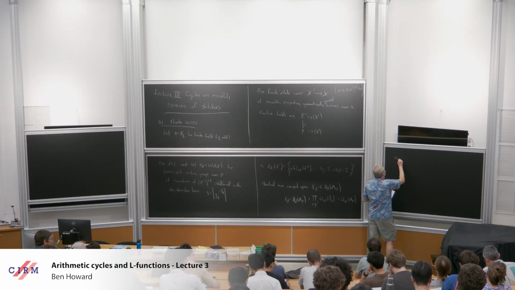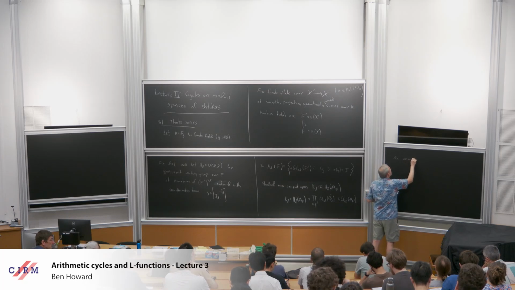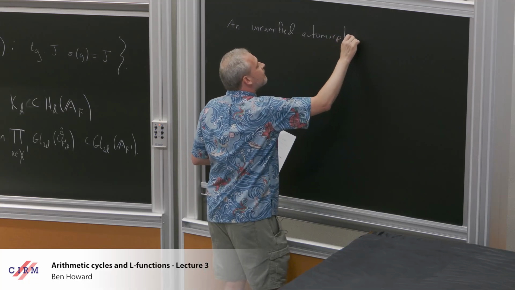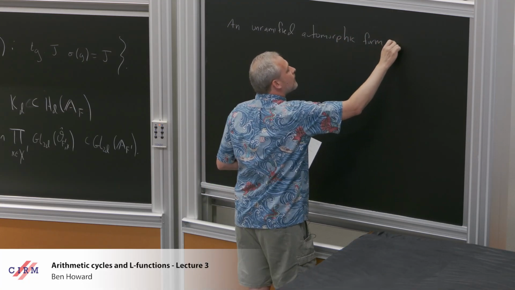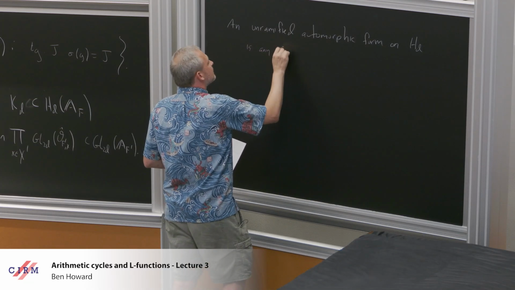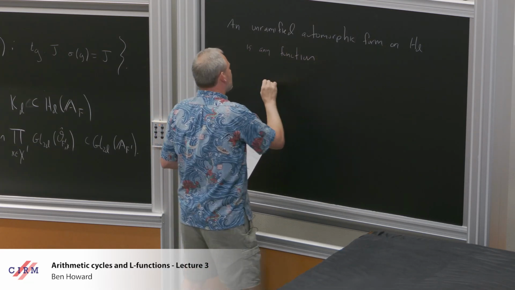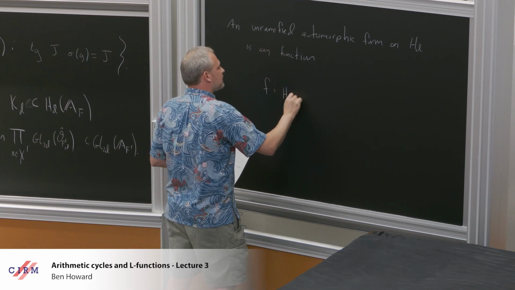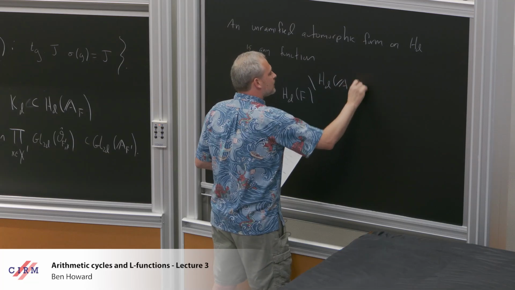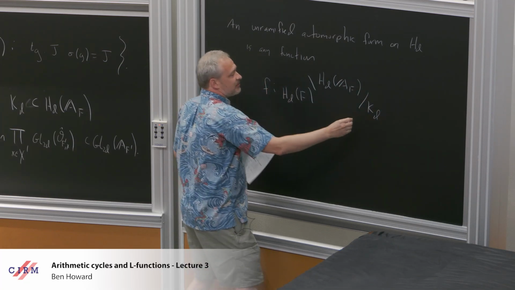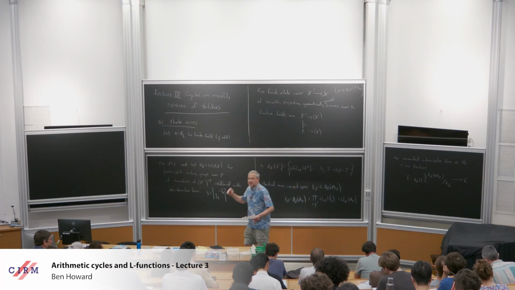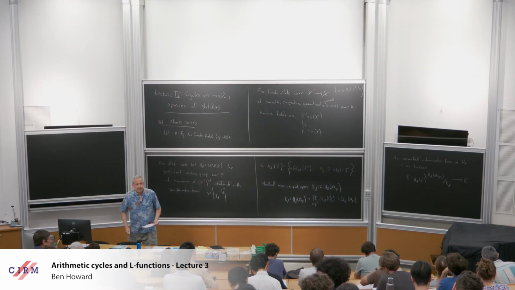So in this context, an unramified automorphic form on H_D is just any function f on this discrete double coset space valued in the complex numbers. That's it. An automorphic form is just a function on that set. Okay?